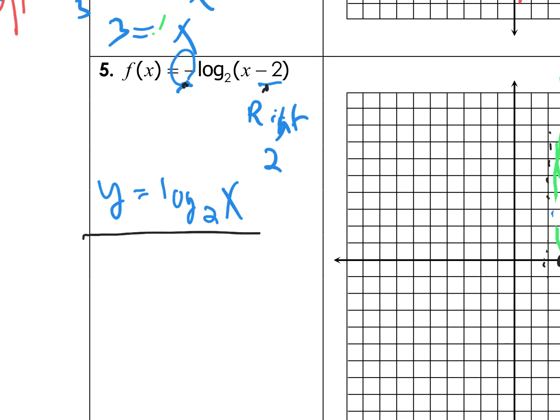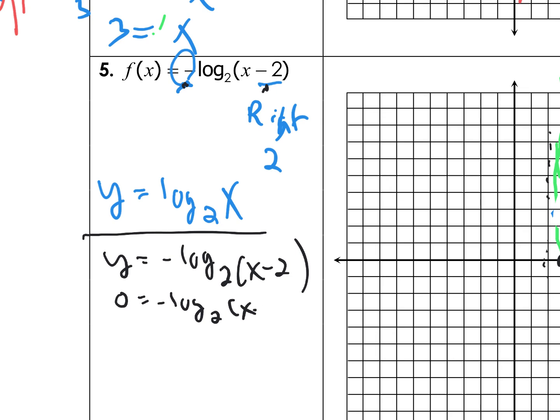The original function is y equals negative log base 2 of x minus 2. And so we want the y to be 0. So 0 equals negative log base 2 of x minus 2. And get rid of the negative on both sides, which gives you 0 equals log base 2 of x minus 2.